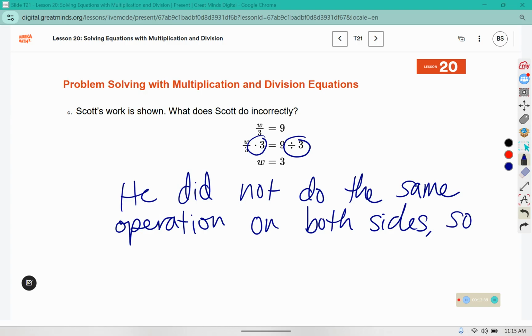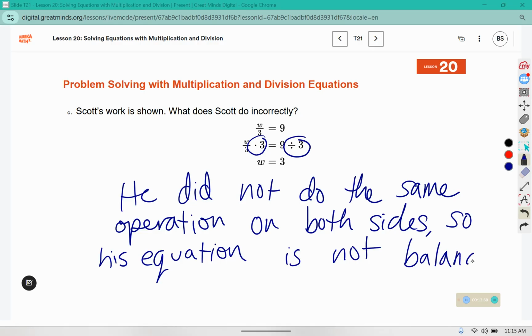So his equation is not balanced. You should multiply on both sides.